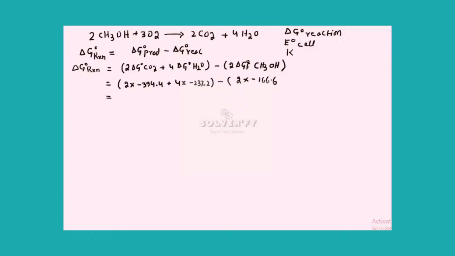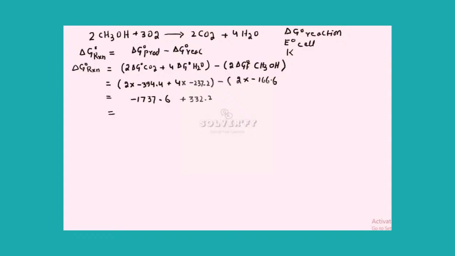So multiplying and adding the delta G naught of the products, we get minus 1737.6, while that of the reactant is minus multiplied by minus is equal to plus, and 2 times 166.6 is equal to 332.2.